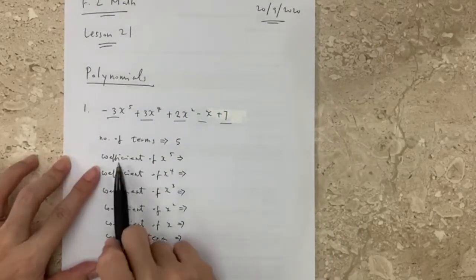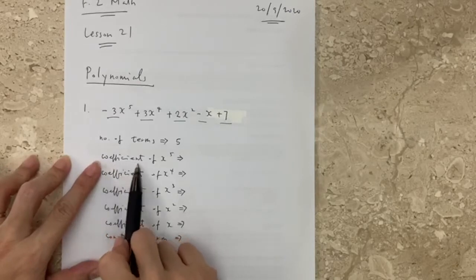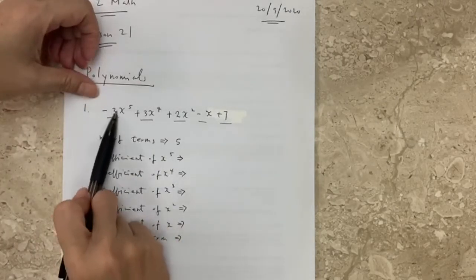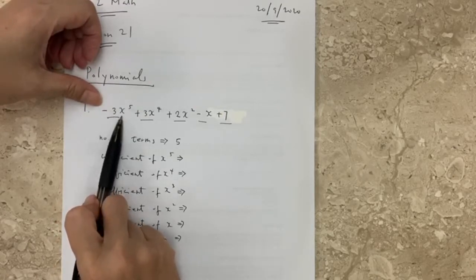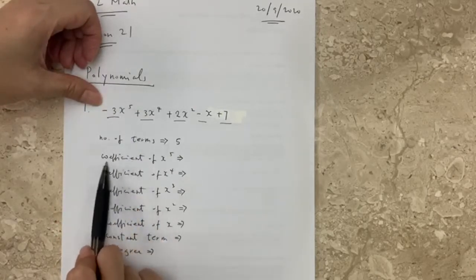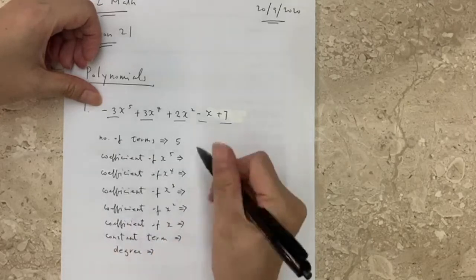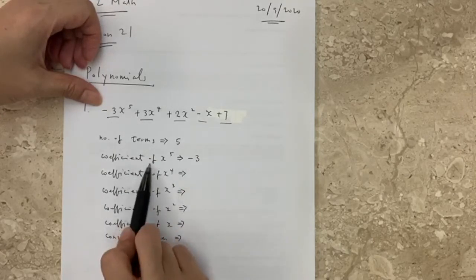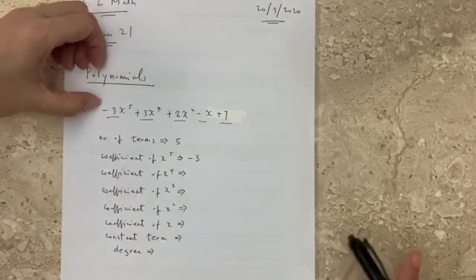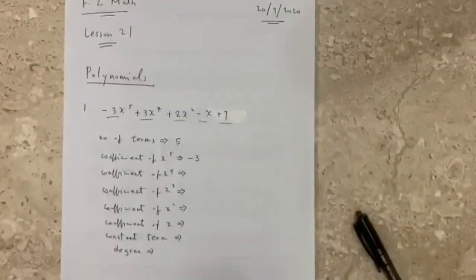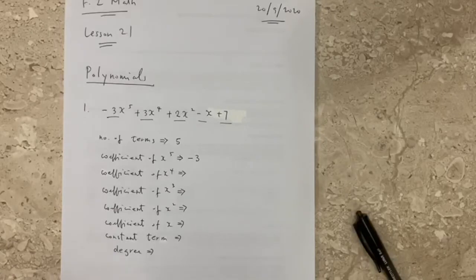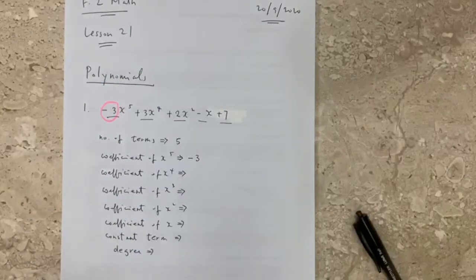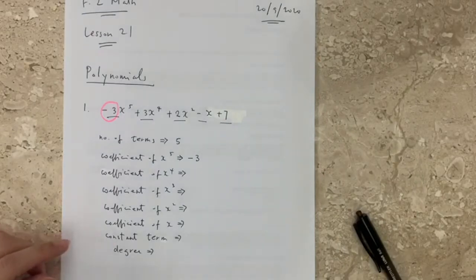Okay, so next look at this. Coefficient of x to the power 5. That means what is the number in front of x to the power 5? So that is the coefficient. So we have minus 3. So minus 3 is the coefficient of x to the power 5.